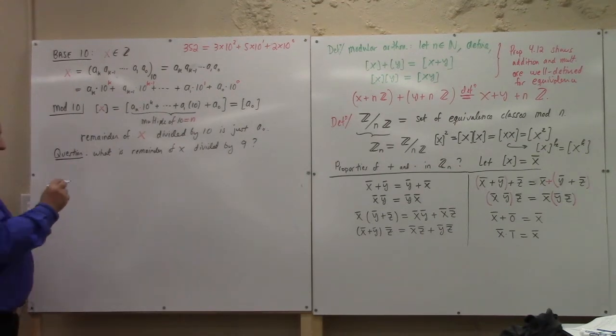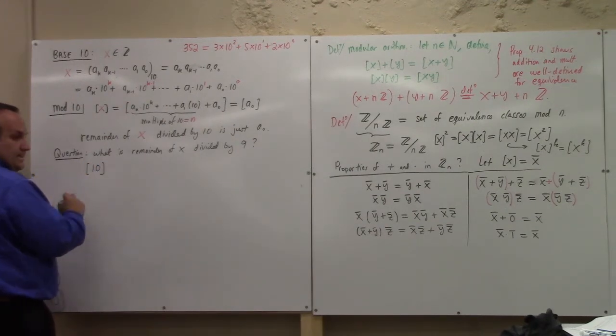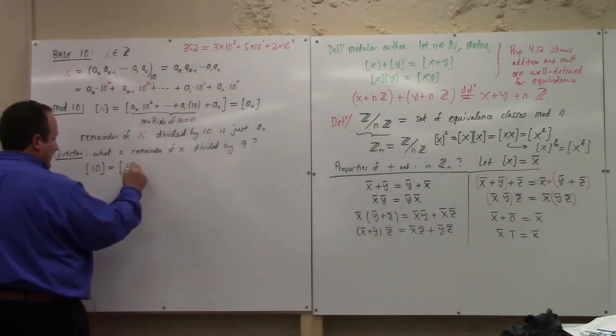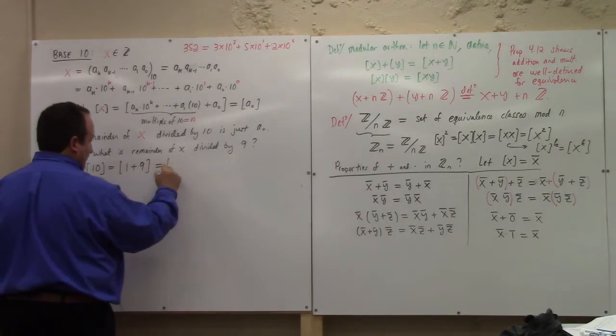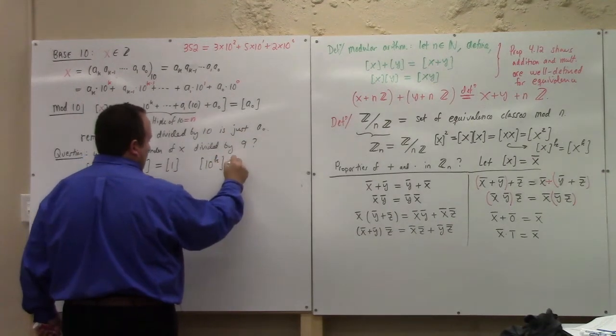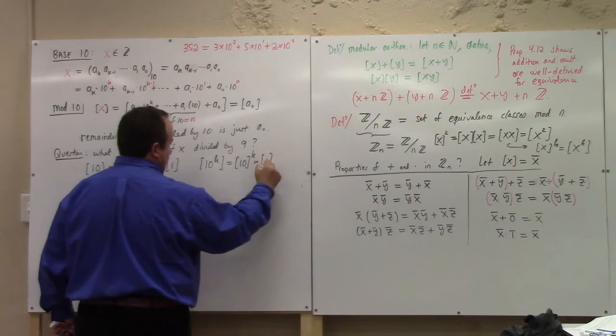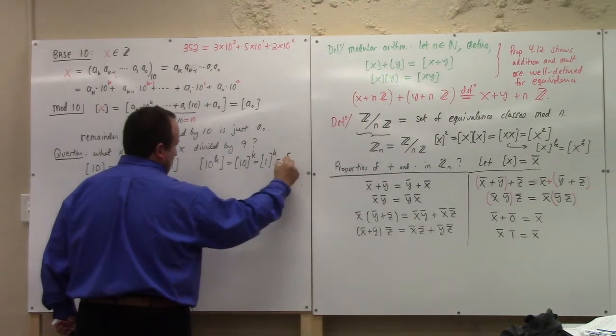Well, notice this. Mod 9, 10 is 1 plus 9, which is 1. So 10 to the k is 1 to the k mod 9, which is just 1.